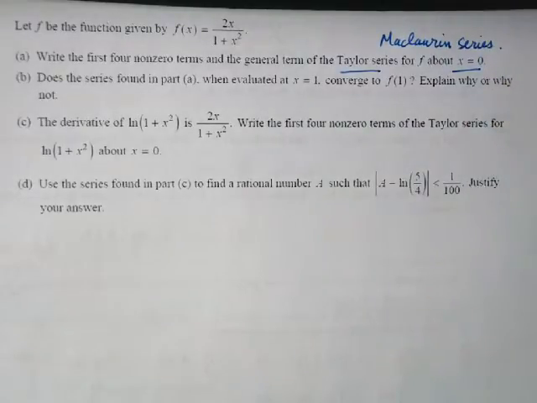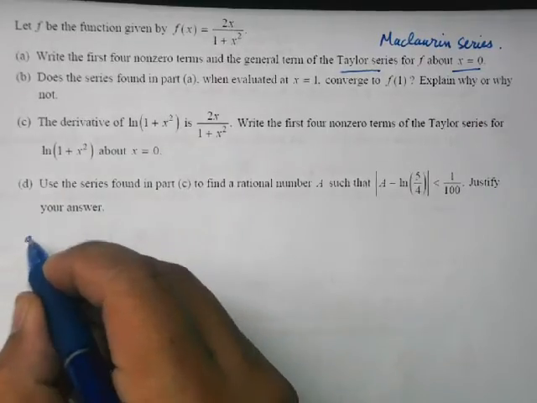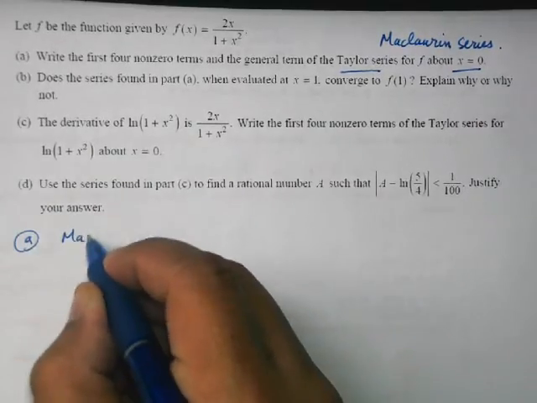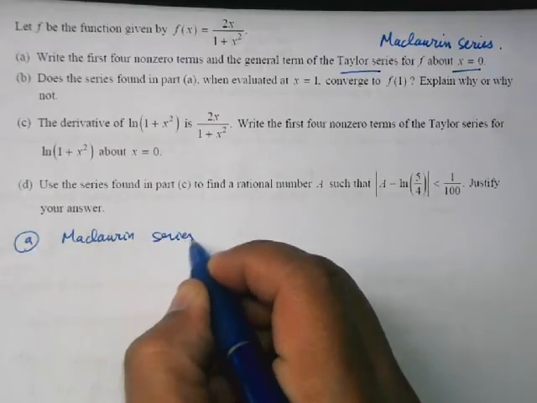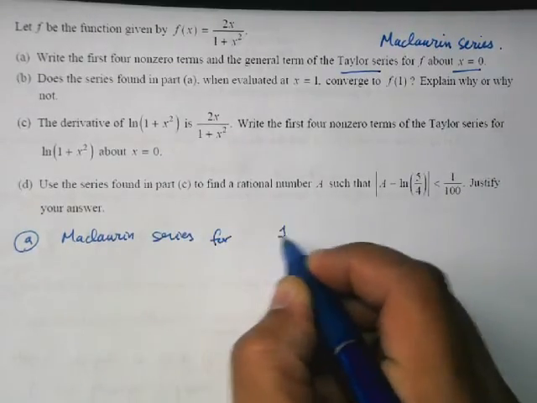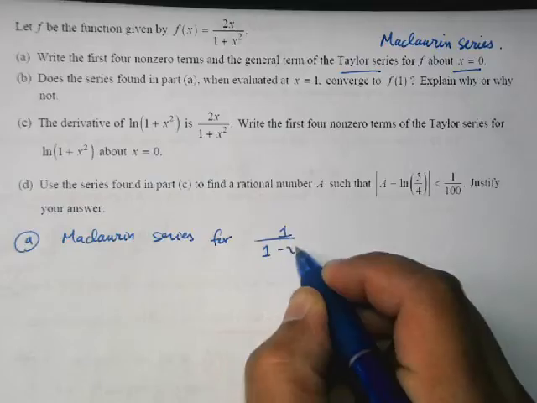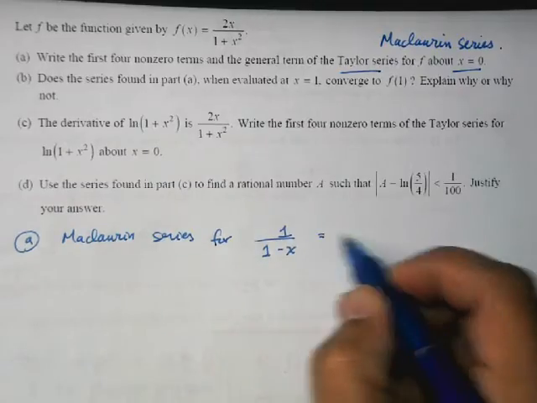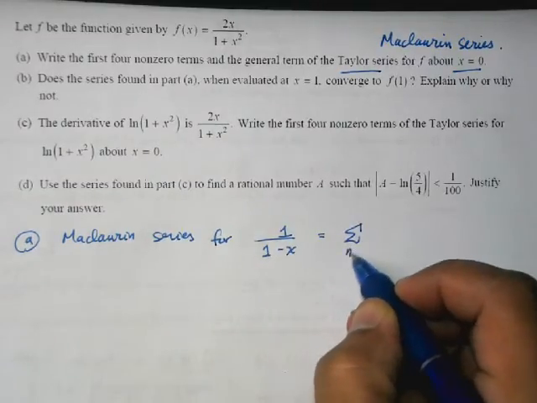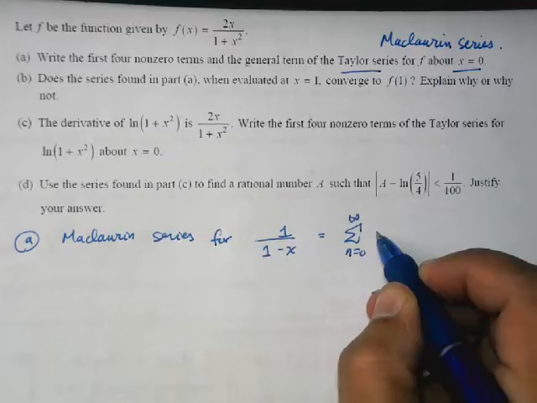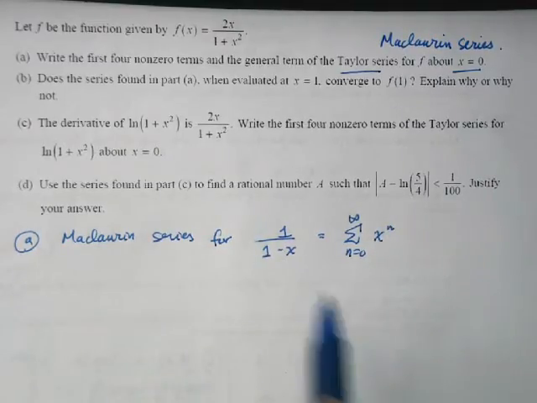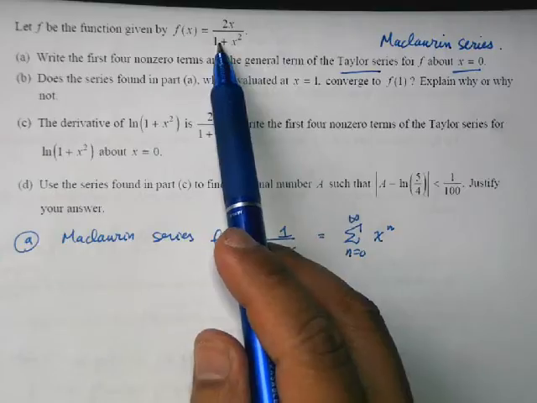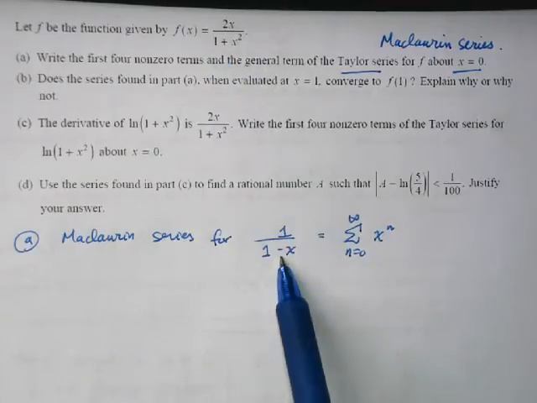Okay. And we already know, or at least I hope you know, that a Maclaurin series for 1 over 1 minus x is simply equal to this power series. You notice the resemblance between this series and this series here.